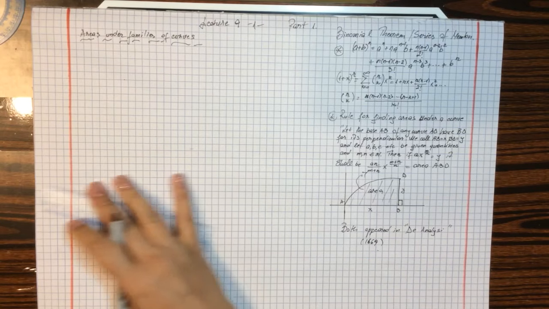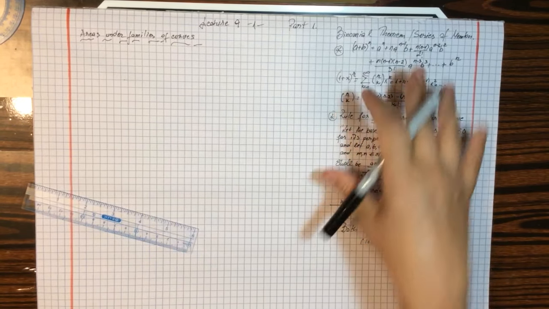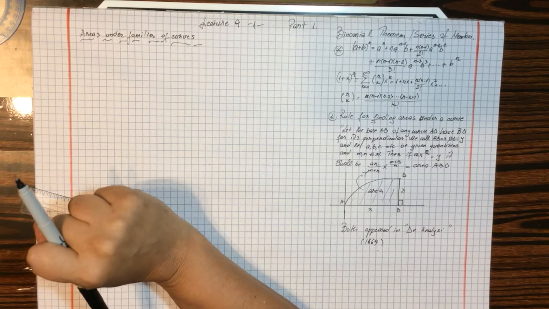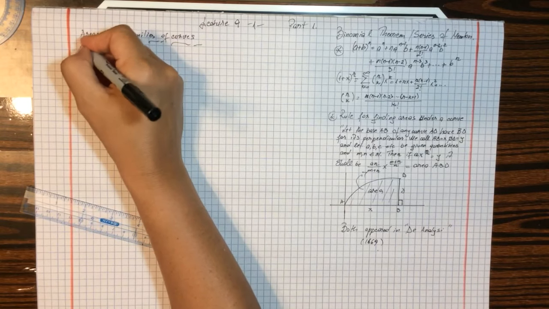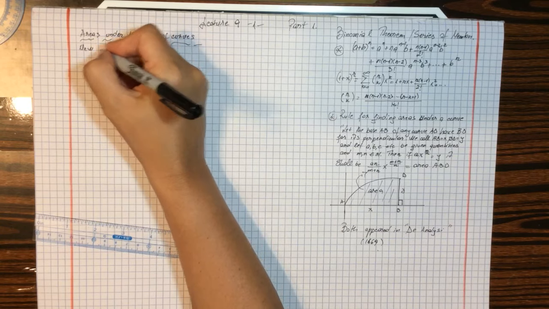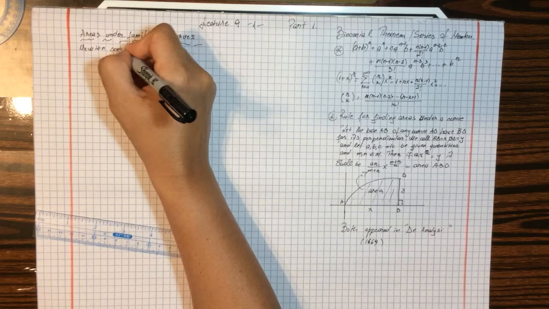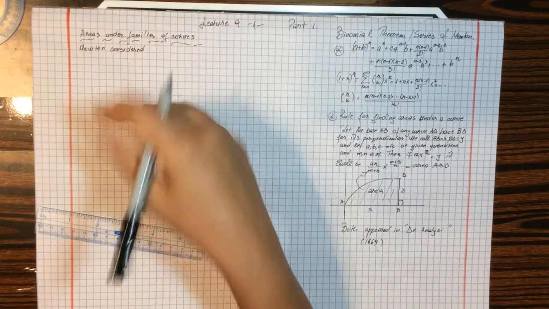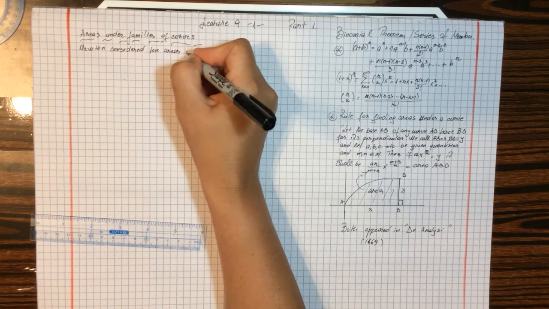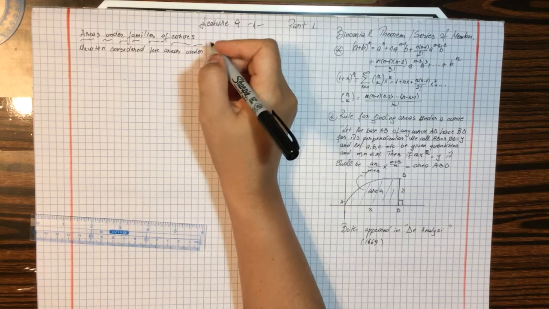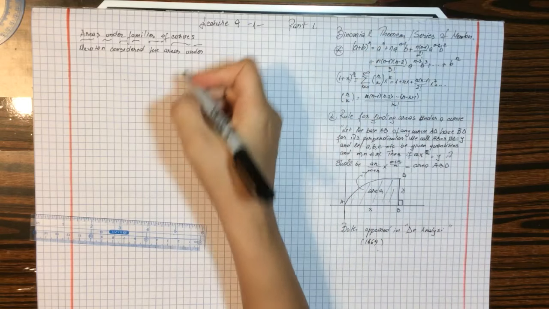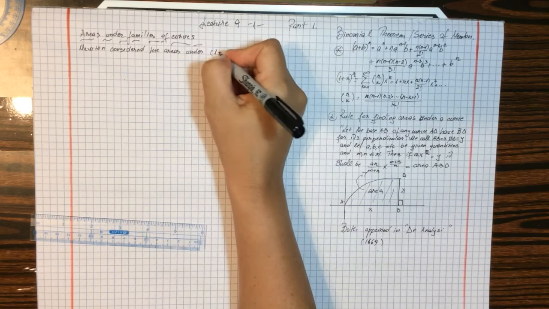Okay, so now with these two results, he'll use them to actually explore areas under certain families of curves. So Newton considered the areas under the curve 1 plus x.